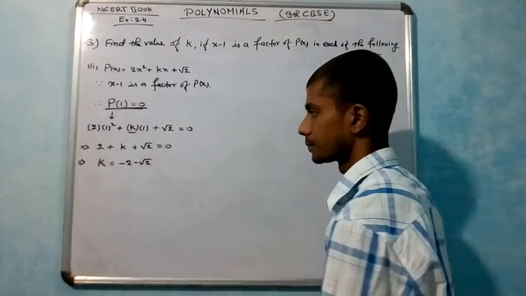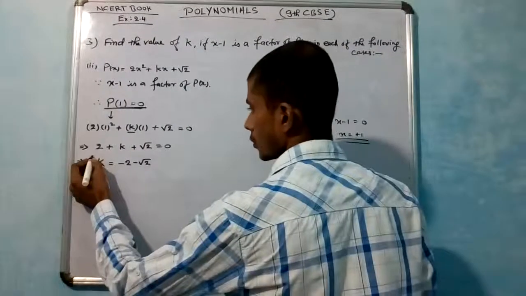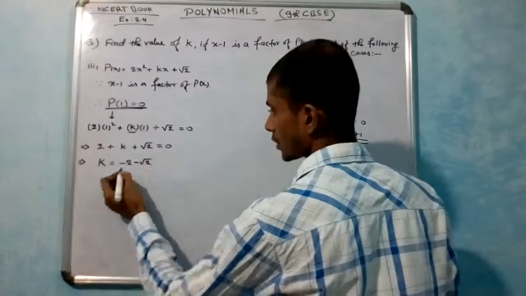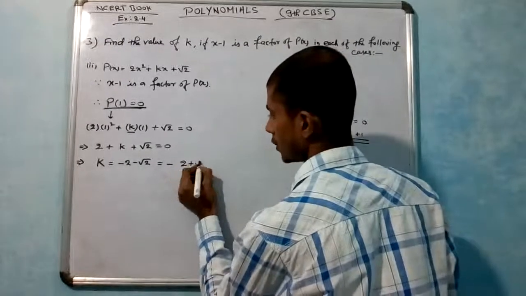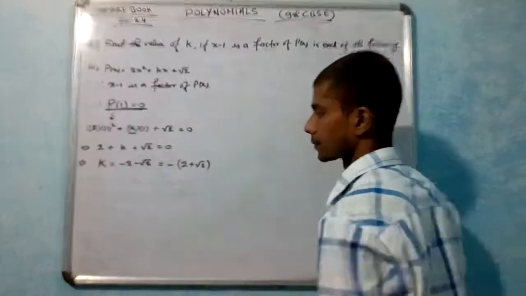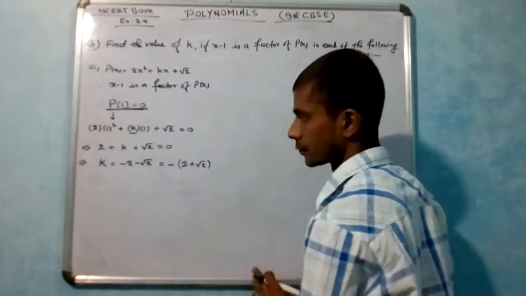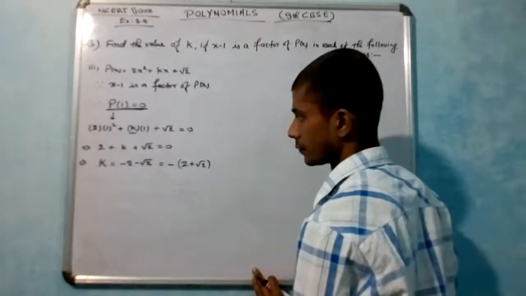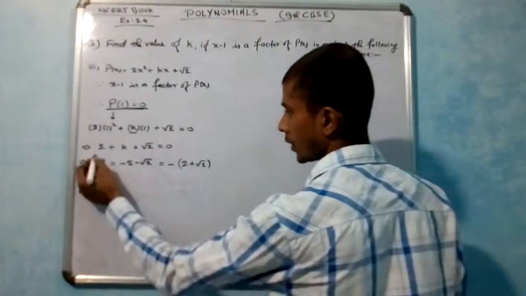Both are the same thing. Or you can take the minus outside, it will become minus of 2 plus root 2 under bracket. When we open the bracket, minus sign outside, 2 plus root 2 will come. Okay.